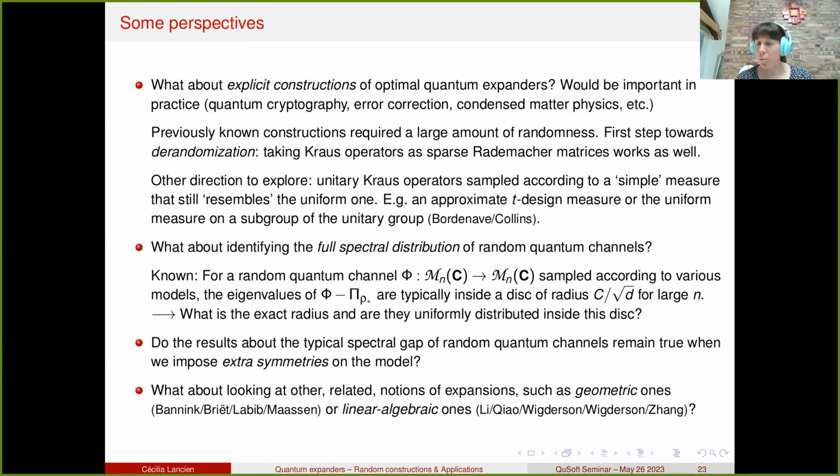Some more linear algebraic notions of expansion that look at the span of your Kraus operators. So you have all these different notions. The spectral expansion is known to be somehow the strongest of all of them, and it could be interesting to see if you can construct explicitly or at random channels that exhibit maybe these weaker notions of expansion.